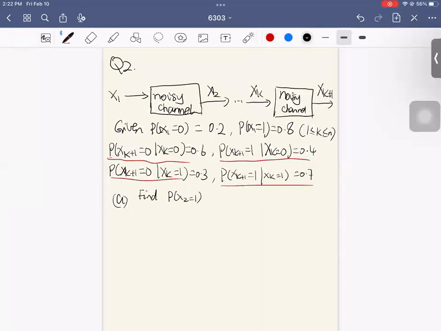Question A asks us to find the probability of x2 equals 1. Since we need to find x2 equals 1, we have two kinds of conditions.